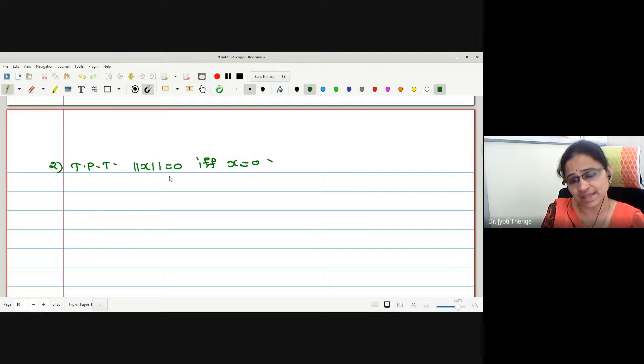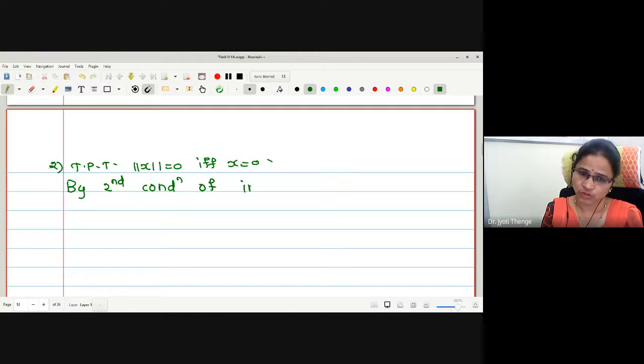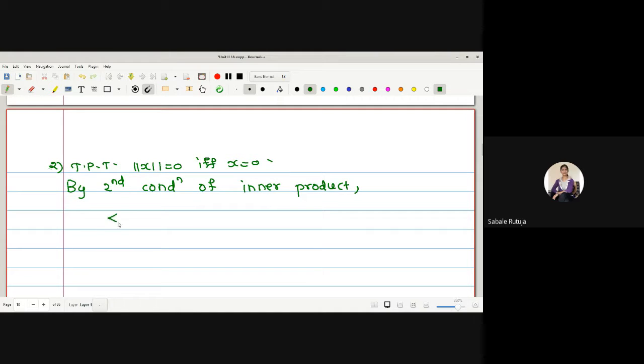To prove this second condition of norm definition, we can use the second condition of inner product, no? What is the second condition of inner product? Inner product x with x equal to 0 implies x equal to 0.